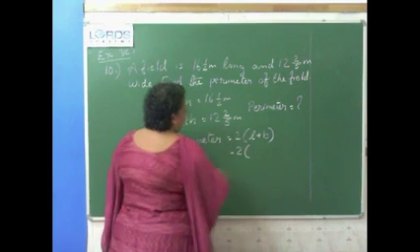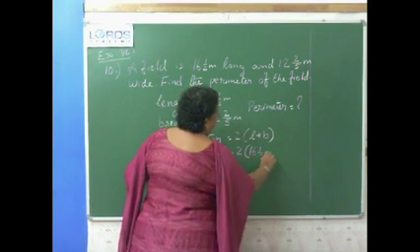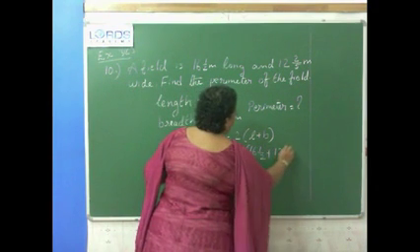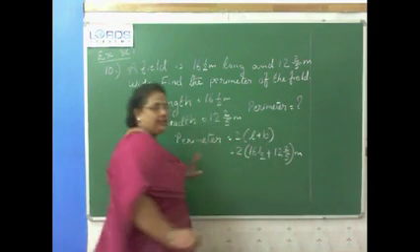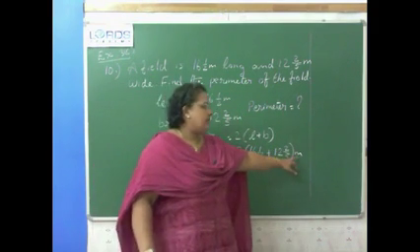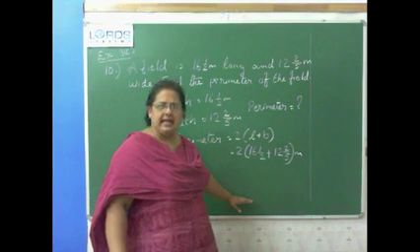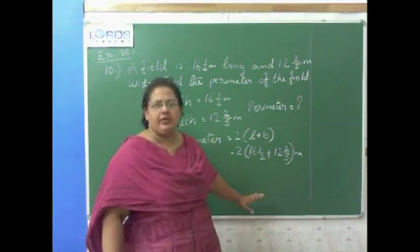2 into (length is 16 1/2 plus breadth is 12 2/5). I am writing the meters after this bracket, closing the bracket, because if you are not writing the meters in the answer, it is sure that your marks will be reduced.